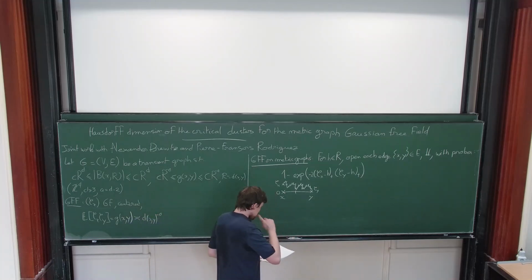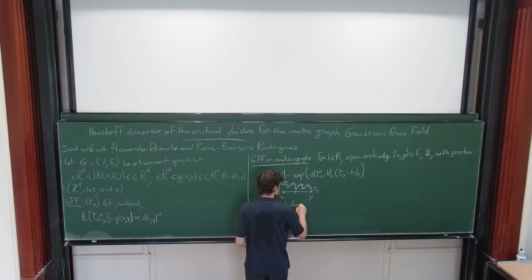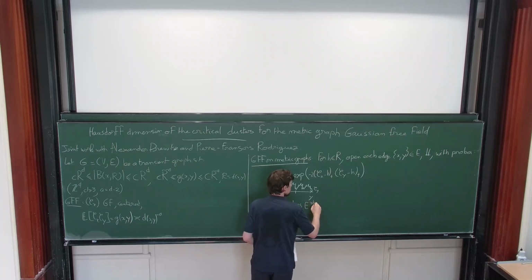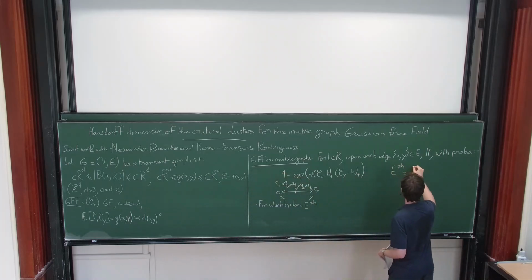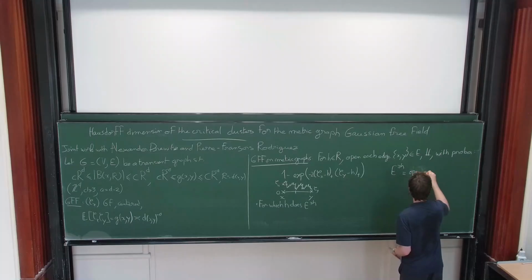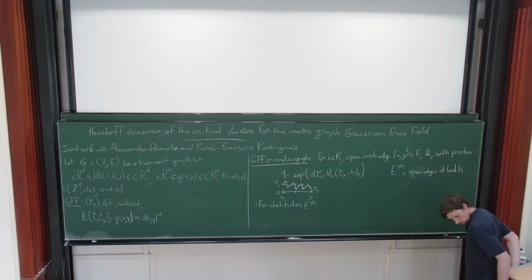Okay, and so we want to study percolation of this model. So you have the usual question, like for which h does E larger than h, so these are, let me maybe put some notation here, E larger than h, these are all the clusters of the open edges at level h. So a set of open edges, let's see it as a discrete model to simplify.